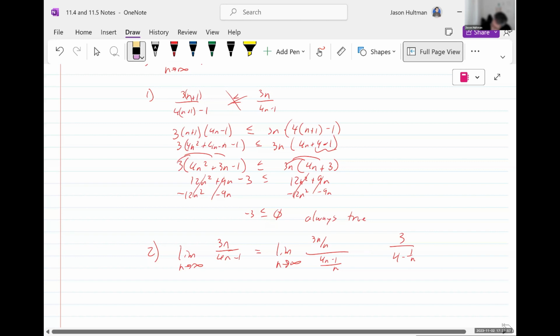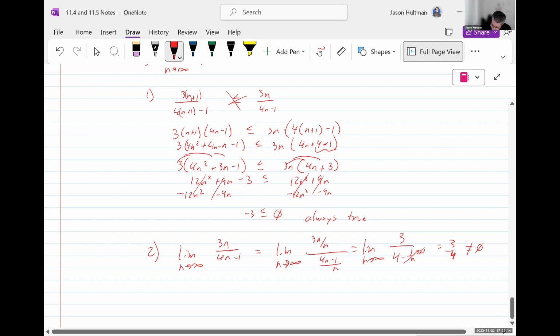There's a limit there. When I plug this in, that goes to 0, and so the whole thing goes to 3/4, which is not equal to 0. So the terms are not going to 0.